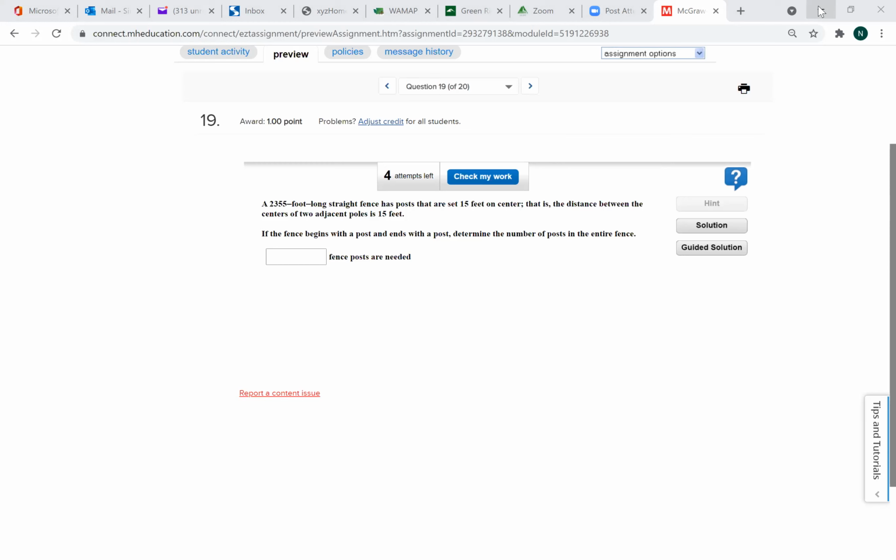I've got to make a note of this. Two adjacent posts is 15 feet, and our total distance is 2,355 feet. If the fence begins with a post and ends with a post, determine the number of posts in the entire fence.